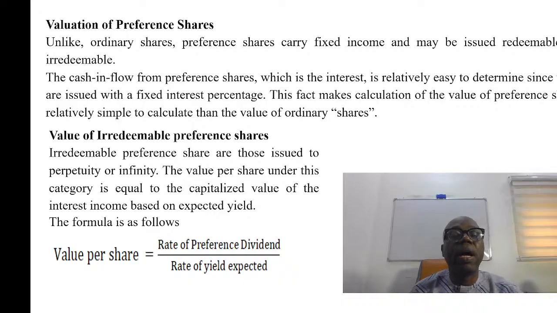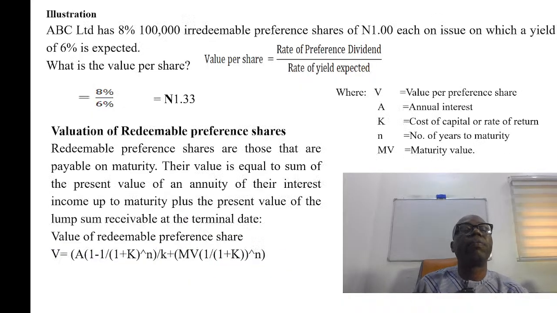The value per share under this category is equal to the capitalized value of the interest income based on expected value. The formula is as follows. Value per share equal to rate of preference dividend over rate of yield expected.